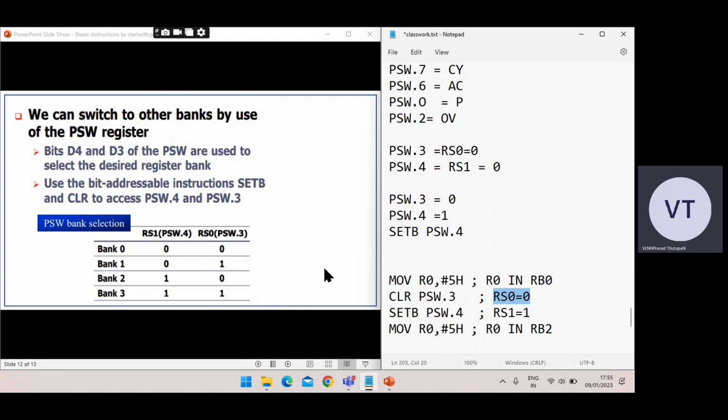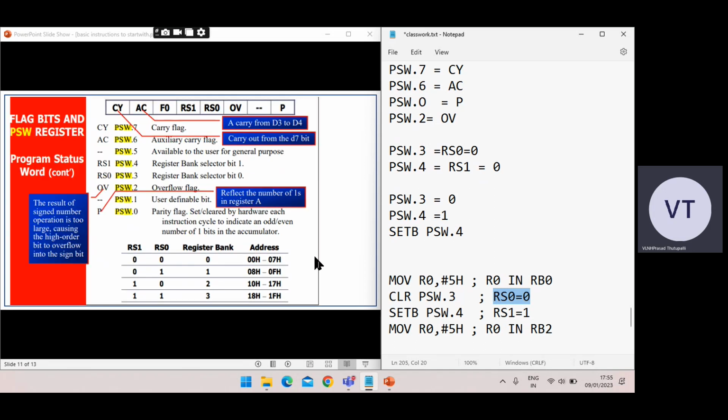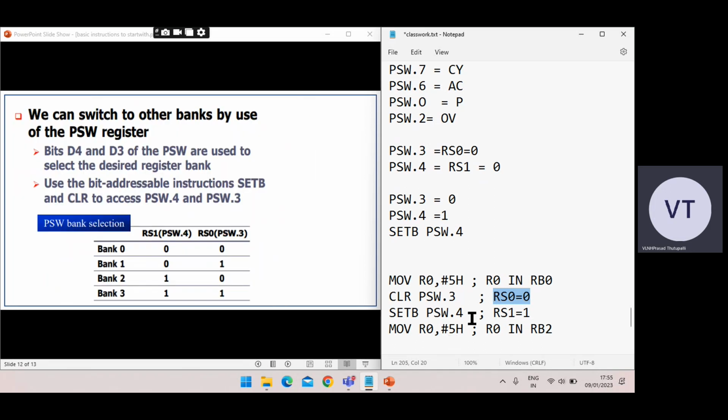So this is how we can switch from one register bank to another by clearing or setting the respective RS0 and RS1 bits according to your requirement. If RS1 is 0 and RS0 is 0, the bank under usage is bank 0.